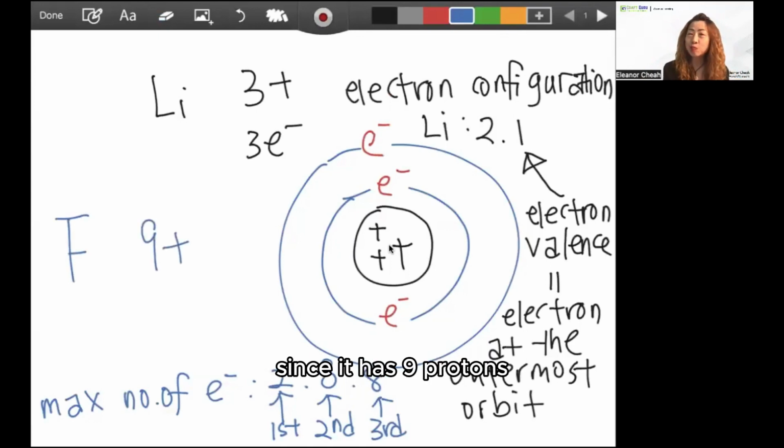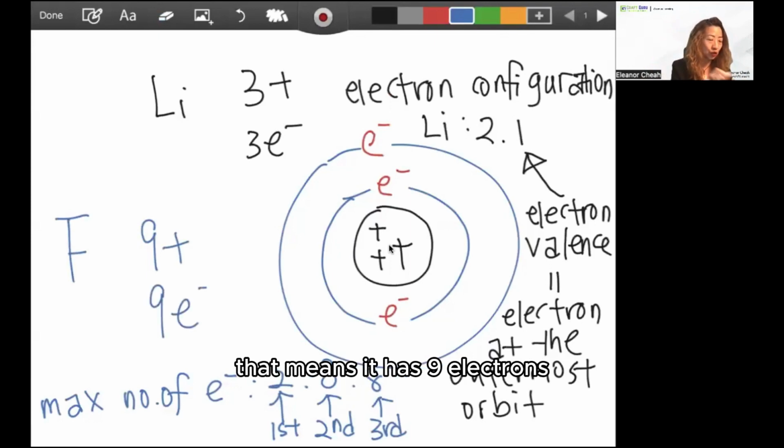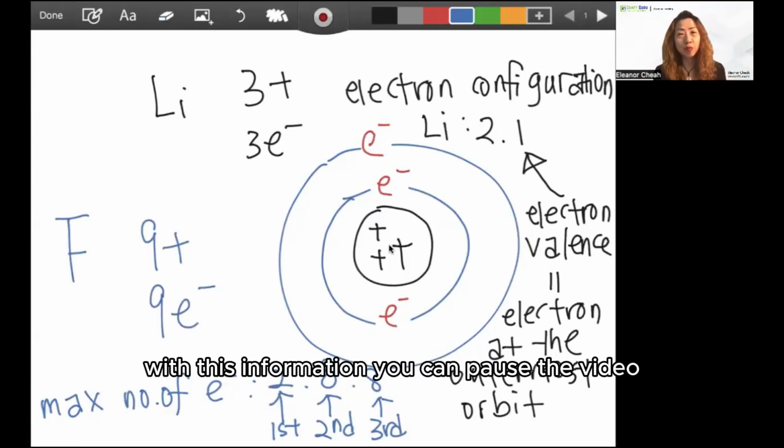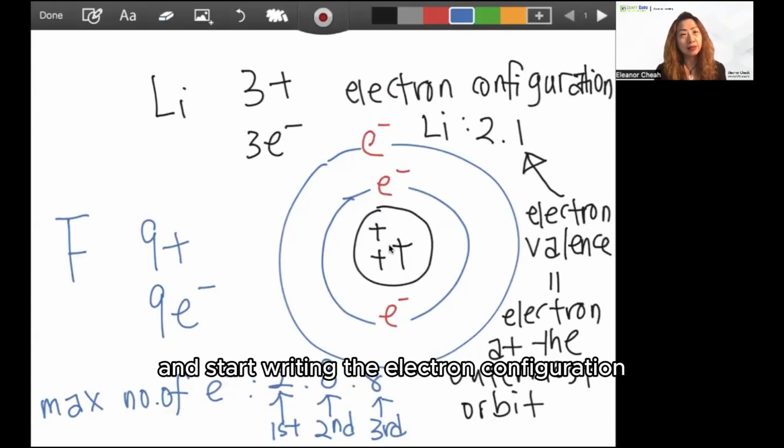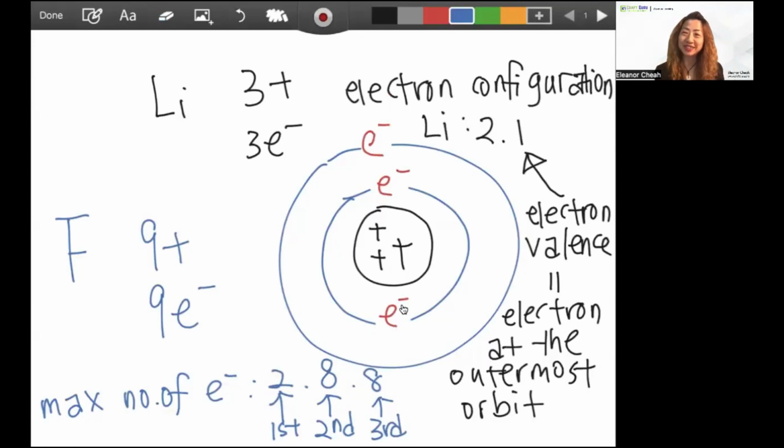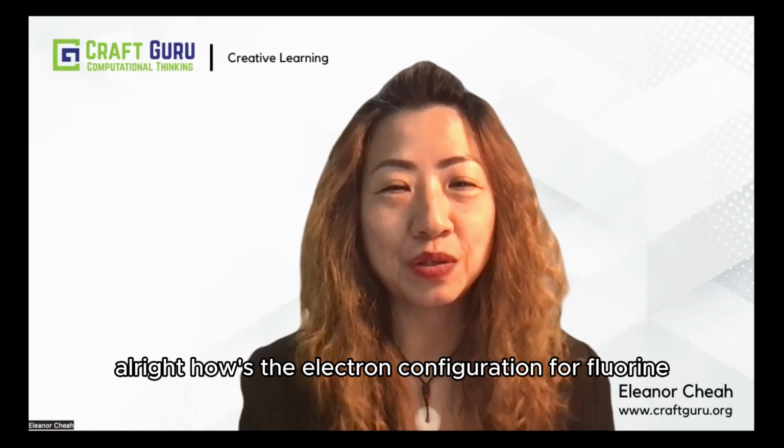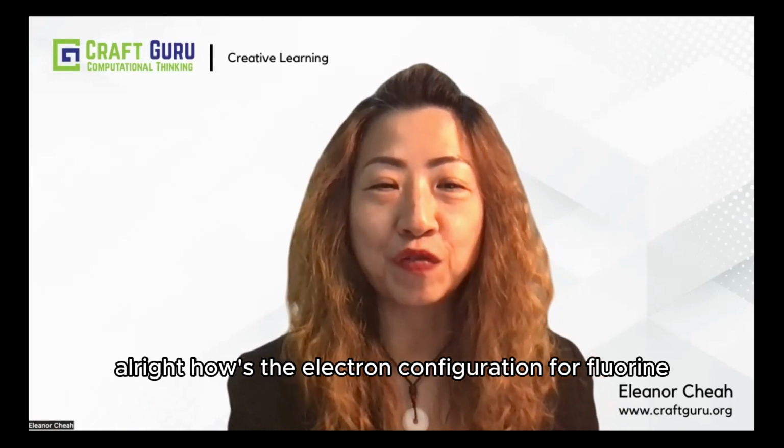Since it has 9 protons, that means it has 9 electrons. With this information, you can pause the video and start writing the electron configuration for fluorine. All right, how's the electron configuration for fluorine?